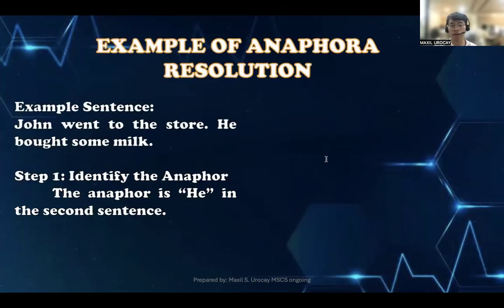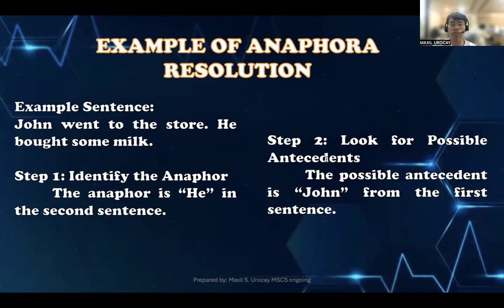And then, an example here will be the sentences. John went to the store. He bought some milk. So as we identify, the anaphor is "he" in the second sentence. And then we look for the possible antecedent. What will be the possibilities right there? The possible antecedent is John from the first sentence.